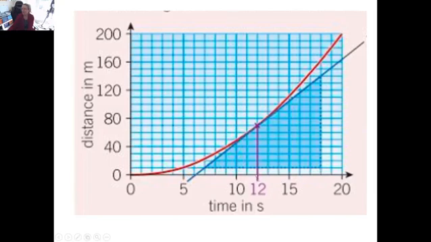So you can see at 12 seconds at this point here, a tangent has been drawn to that point, and then a triangle drawn so that you can work out the gradient of that line. So I would like you to pause the video at the moment and just have a go at working out that gradient.